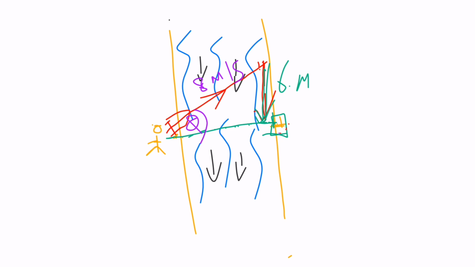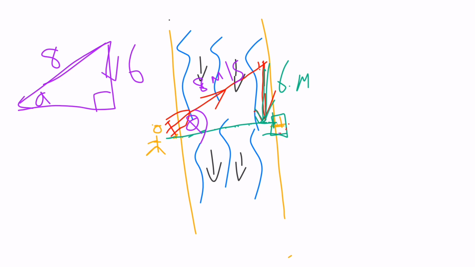Now when you look at this, let's visualize: this is a triangle, and this is theta. So you are making a triangle. The velocity of the boat is 8 here, and the velocity of the river is 6.